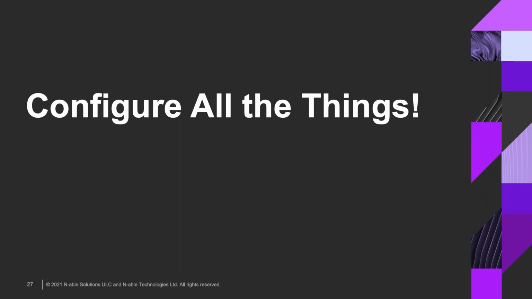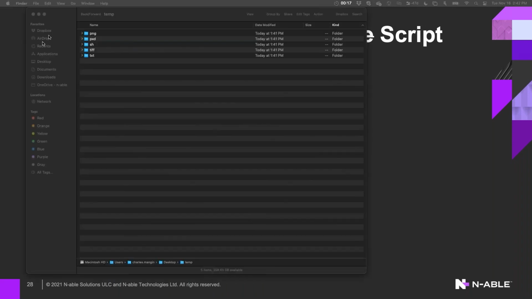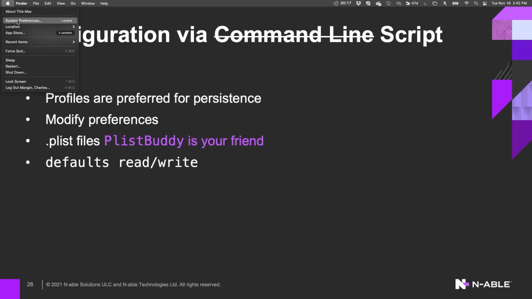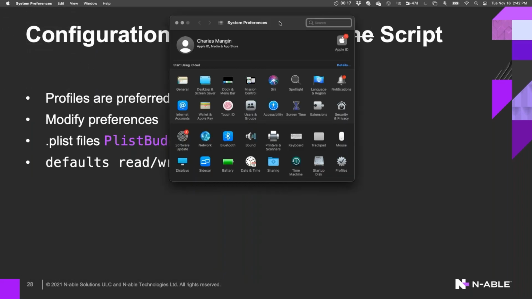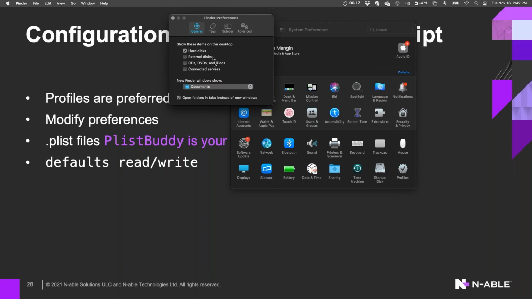So there's a variety of ways that you can make those changes. And just about anything you can do within the system preferences, or the preferences for various applications like the Finder, or really any application. If you can do it in the preferences by checking a box or filling in a list or what have you, you can probably do it with command line as well.